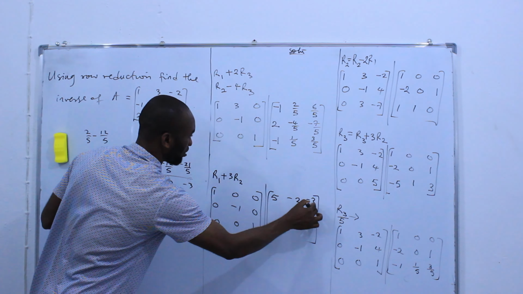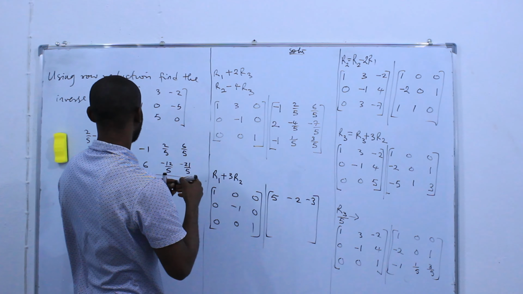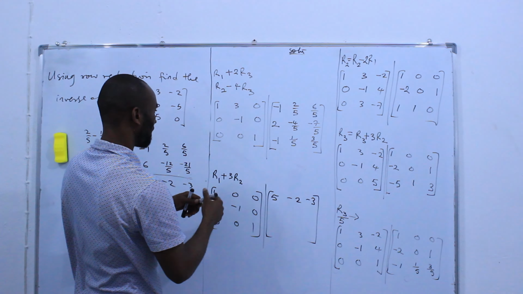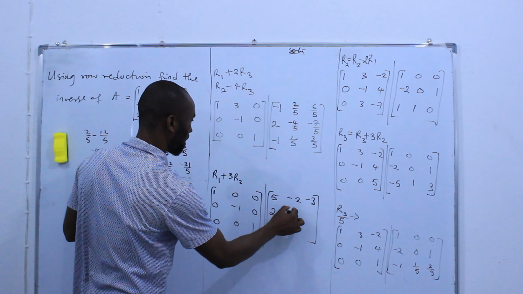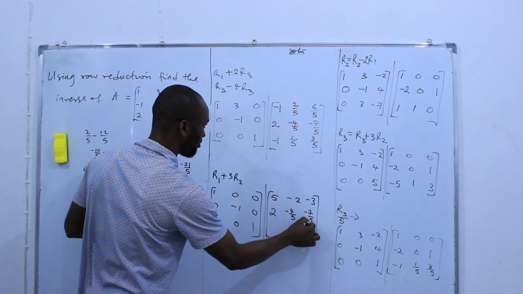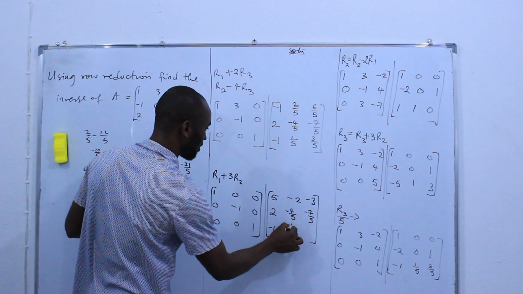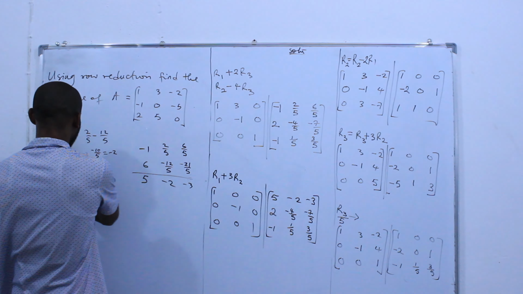Here is minus 3. We have taken care of row 1. We bring down row 2, which is 2, minus 4 over 5, minus 7 over 5. And then we have minus 1, 1 over 5, and 3 over 5.